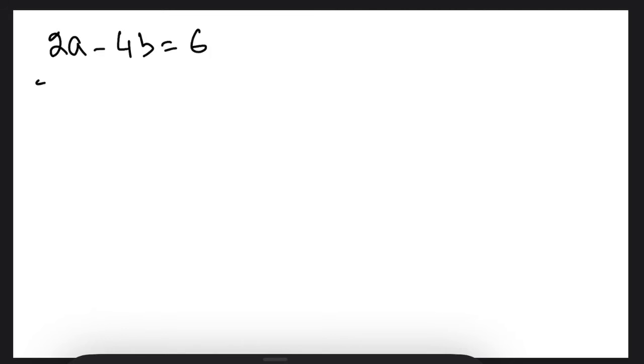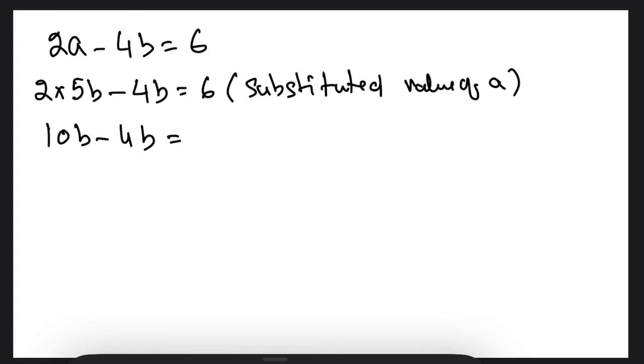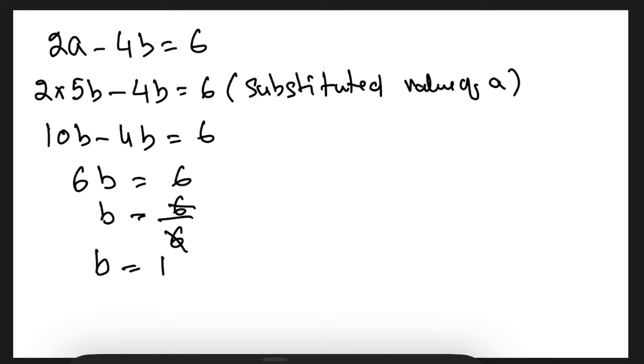So you put 2 into 5b minus 4b equals 6. Substituting the value of a, 10b minus 4b equals 6. 10 minus 4 is 6b, so 6b equals 6 upon 6. So b equals 1.